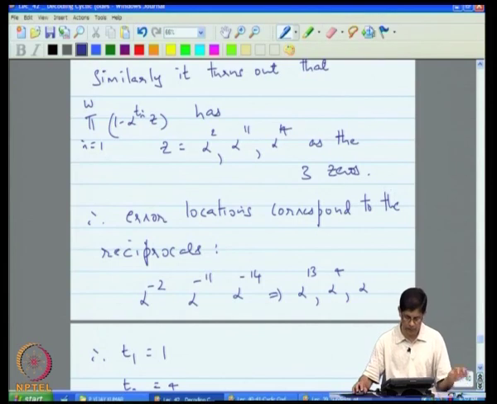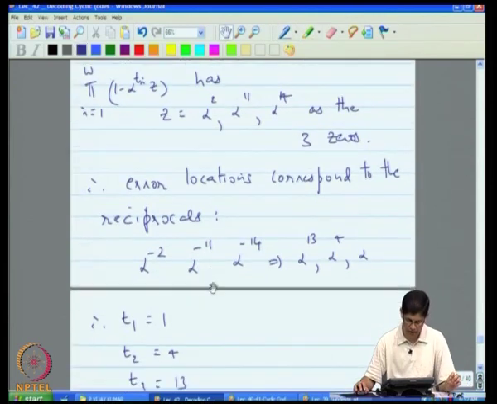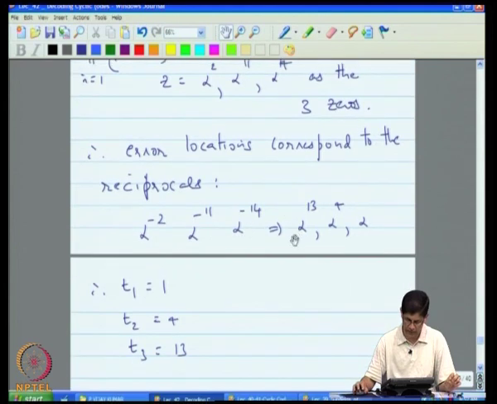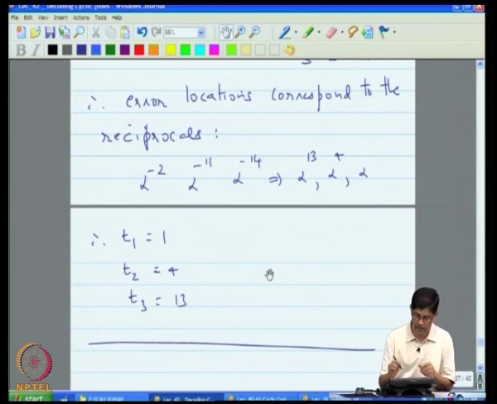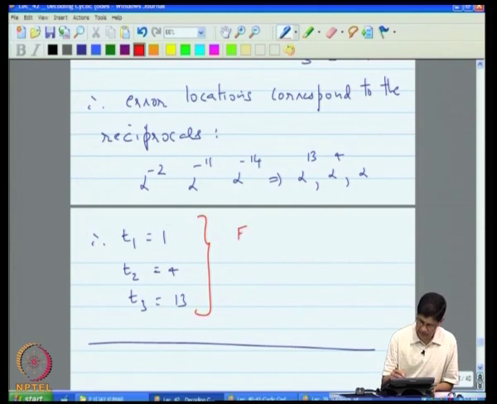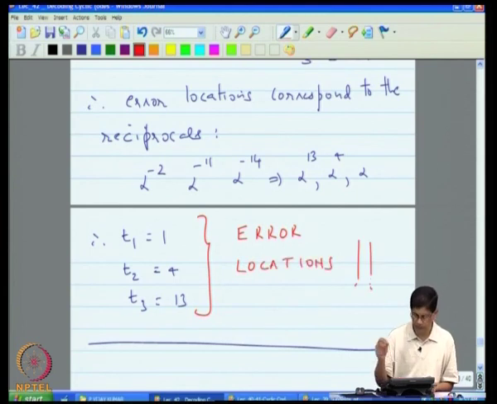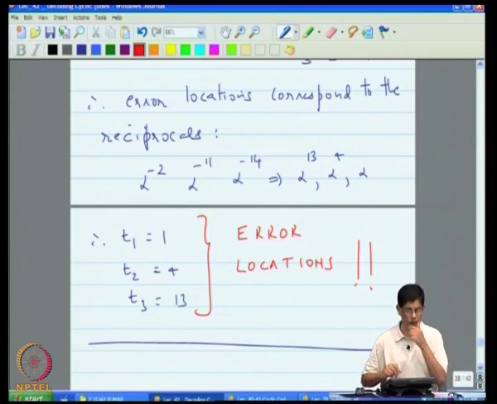So, the reciprocals being alpha to the minus 2, alpha to the minus 11, alpha to the minus 14, which is alpha 13, alpha 4 and alpha. So, that means that there were 3 error locations and these are the 3 error locations. So, we have actually successfully decoded the code.